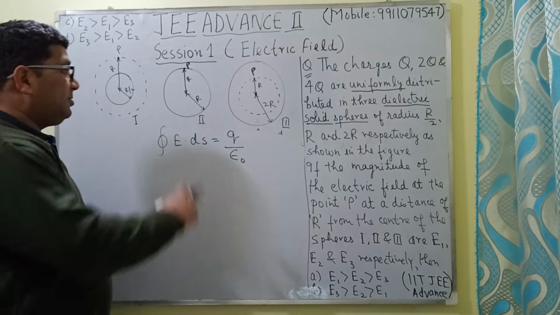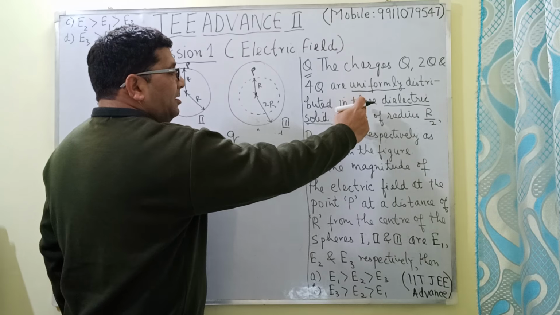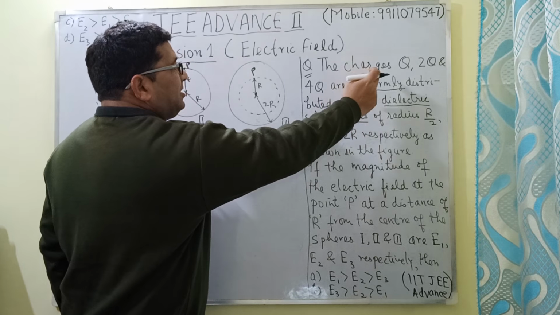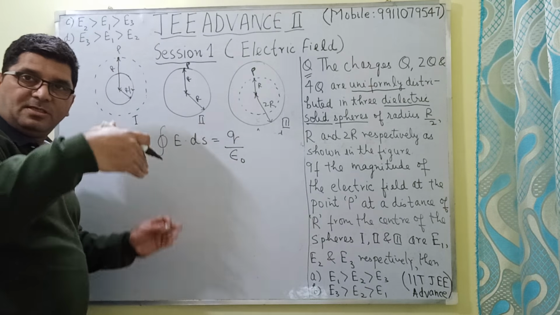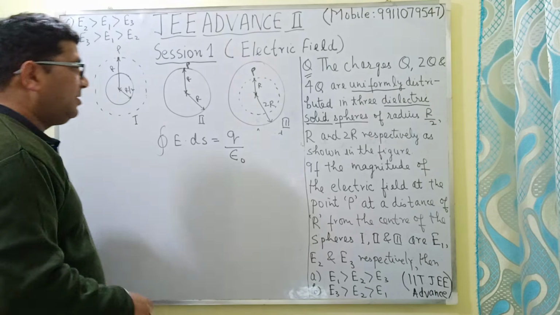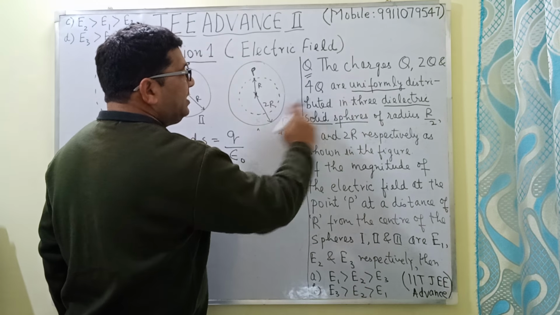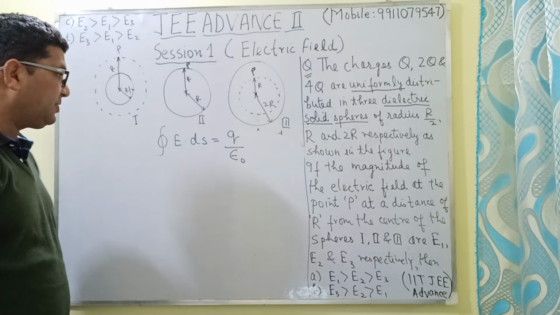Now, in this case, we have got 3 dielectric solid spheres in which the charge is uniformly distributed within the sphere. It is solid, which means we have been given 3 dielectric solid spheres in which the charge is uniformly distributed.